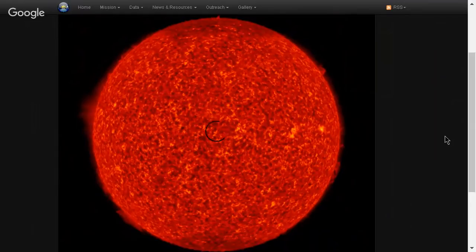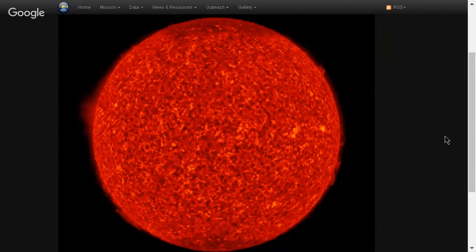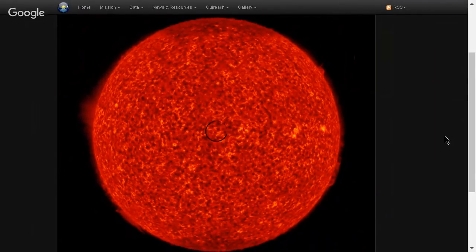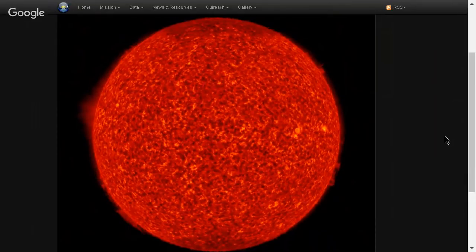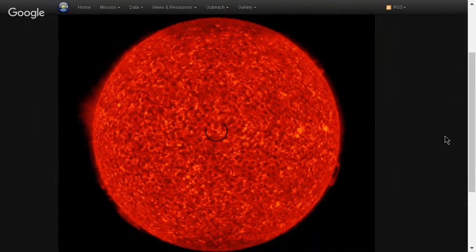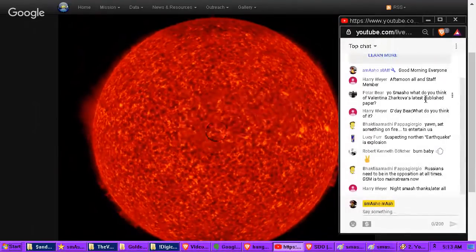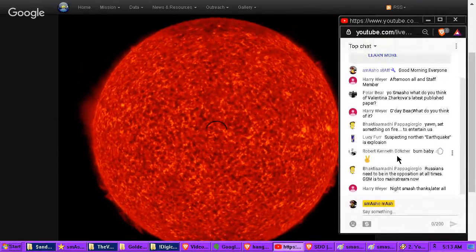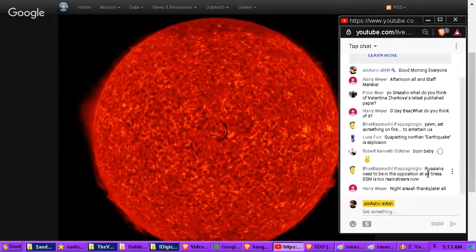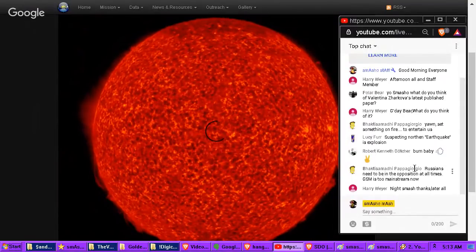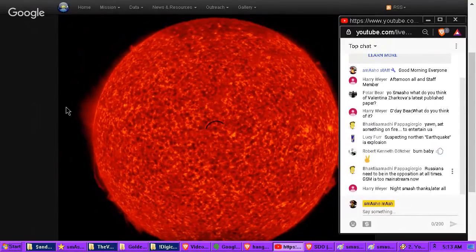Here's the sun at 304 angstroms. As we haven't viewed this yet, there's a whole bunch of filamentary activity on the southeast, the northeast, and the southwest associated with that setting sunspot, probably. And if it loads, it's going to look awesome. And it is about that time, regardless of whether or not this loads.